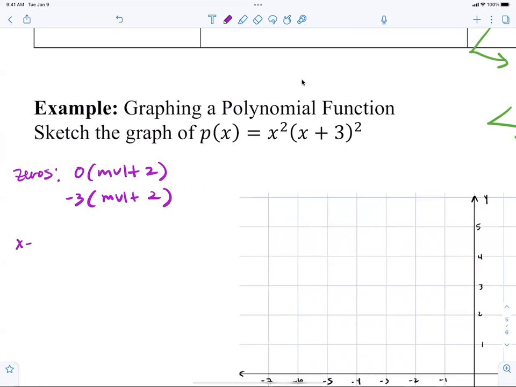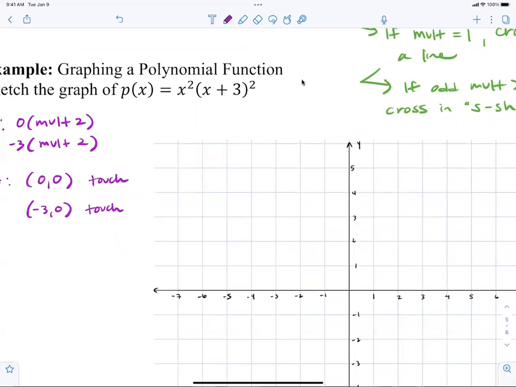Those zeros correspond to our x-intercepts. So we'll have an x-intercept at 0, 0, which will the graph touch or cross? Touch, based on that multiplicity of 2. And then negative 3, 0, touch or cross? Touch.